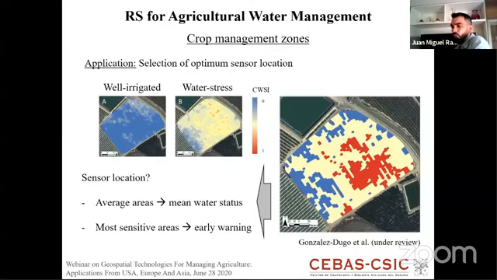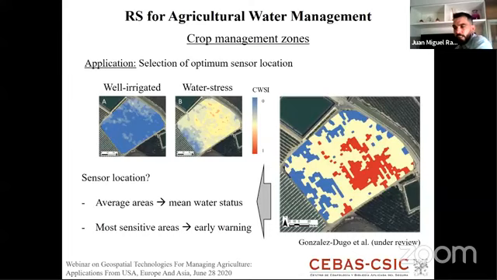The first one when trees were well irrigated, and the second one after inducing a water stress consisting in a week without irrigation. By comparing the crop water stress index for both dates, we derived which were the areas more sensitive to water stress within a field. In this case, we indicated them in red in the figure on the screen.